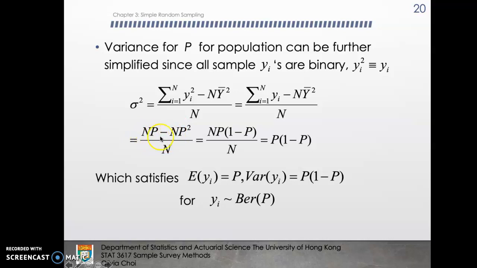So we have np minus np squared divided by n, canceling out the capital N. So the variance of the population is p times 1 minus p, and this should look familiar to you, because we know that the variance of yi indeed equals p times 1 minus p.